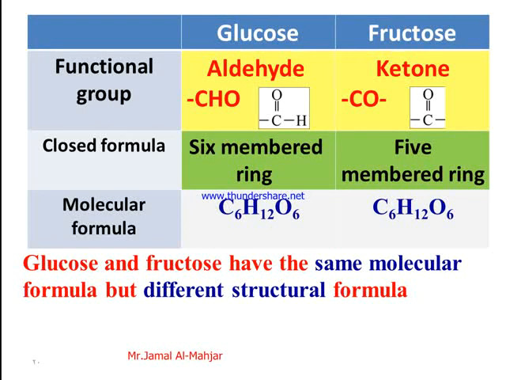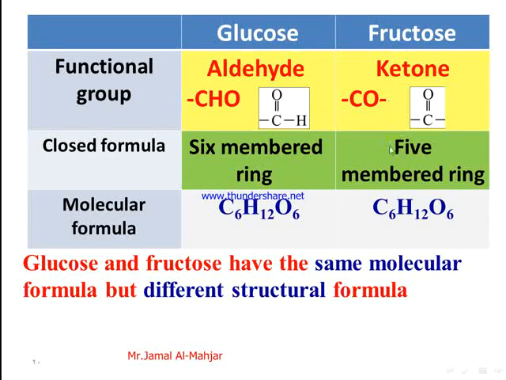Now we have to compare glucose and fructose. The functional group in glucose is aldehyde; you can write it CHO or C double bond OH. The functional group for fructose is CO, or C double bond O. About the closed formula, in glucose we have a 6-member ring.